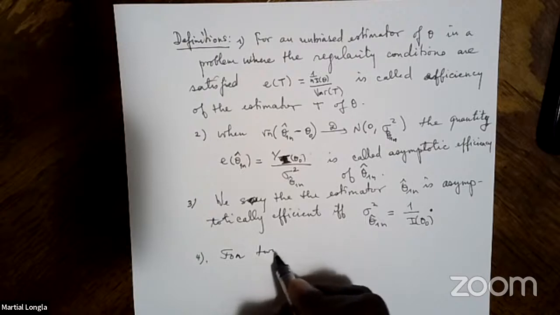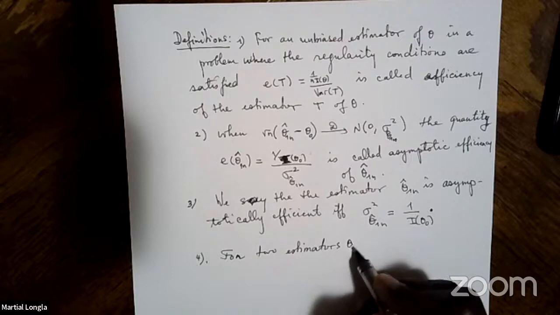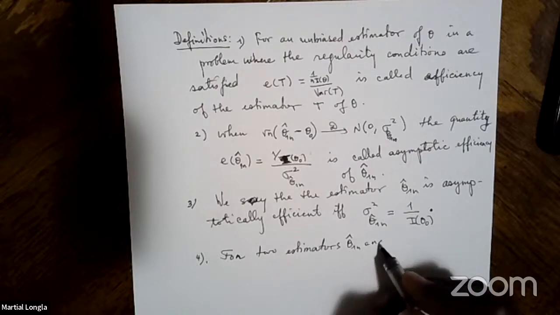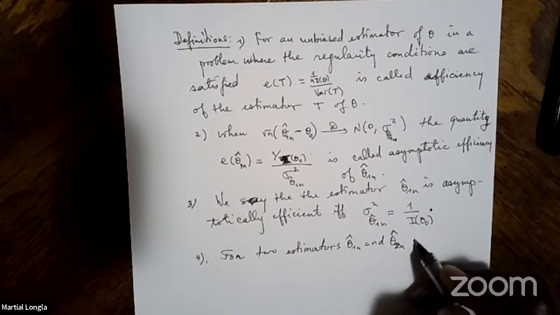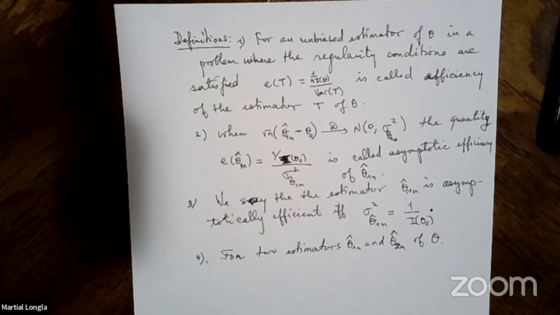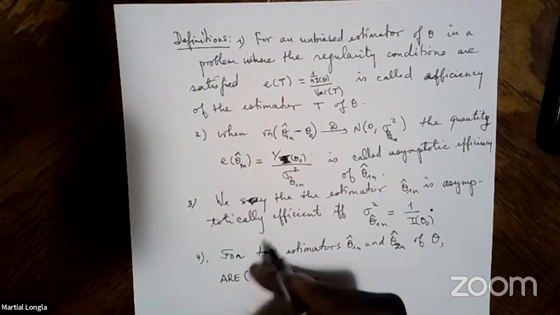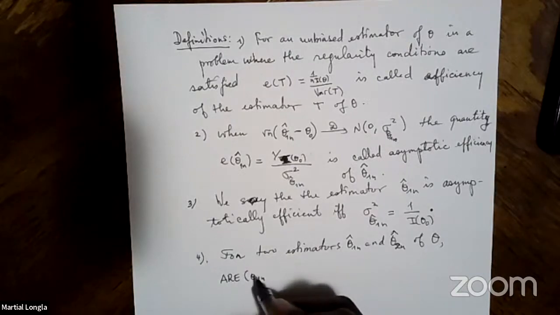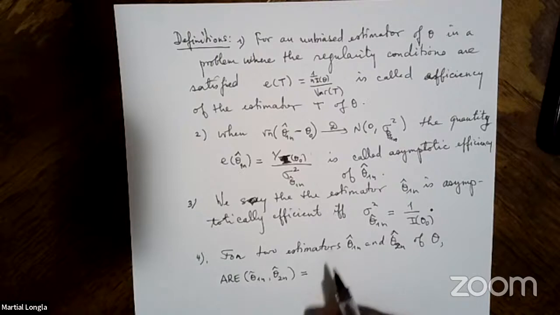For two estimators, theta hat 1n and theta hat 2n of theta. If we can use two different estimators, theta hat 1n and theta hat 2n, to estimate theta, then there is this quantity, ARE of theta hat 1n towards theta hat 2n, which is the ratio of the two variances.